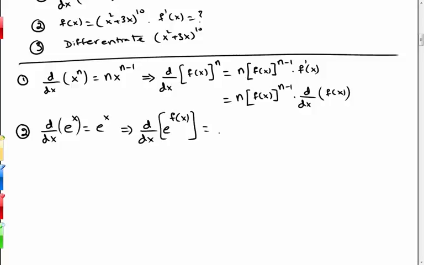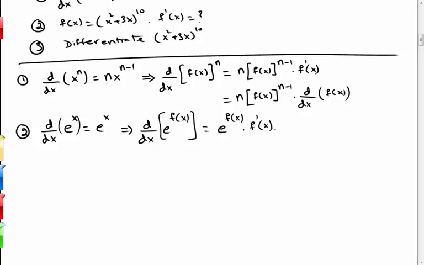Well, the answer would be e^(f(x)). Because d/dx of e^x was e^x, d/dx of e^(f(x)) would be e^(f(x)). The only thing is, be sure to multiply by f prime of x. That's where the chain rule comes in.